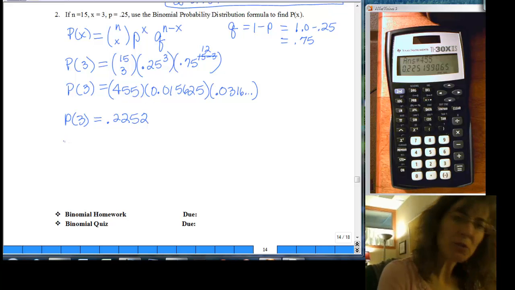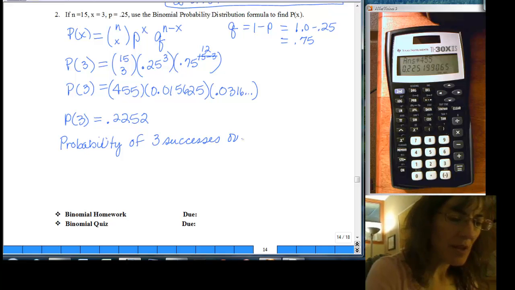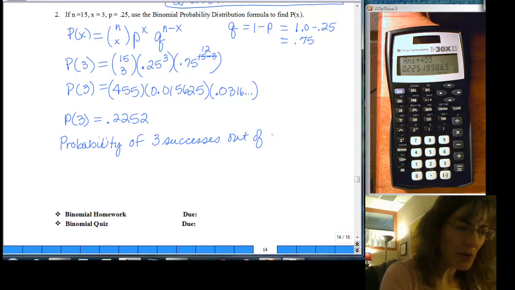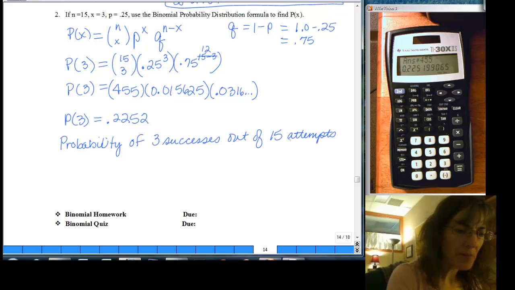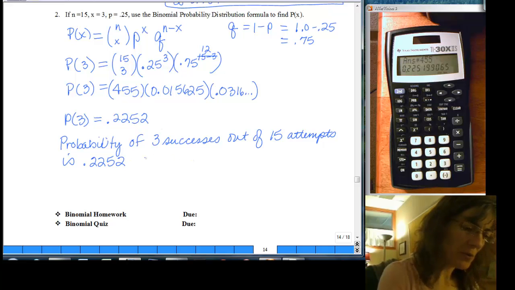And that, if I was going to write the words for it, it would say the probability of 3 successes out of 15 attempts is 0.2252, or 22.52% likely.